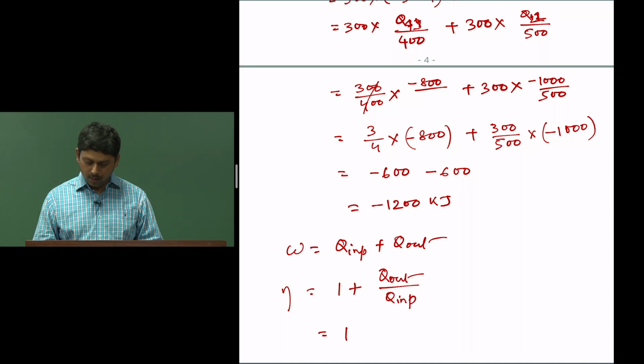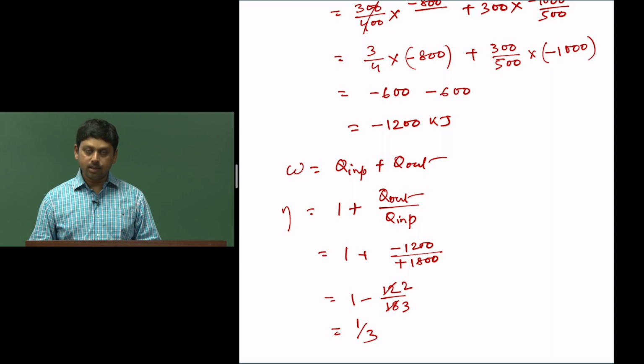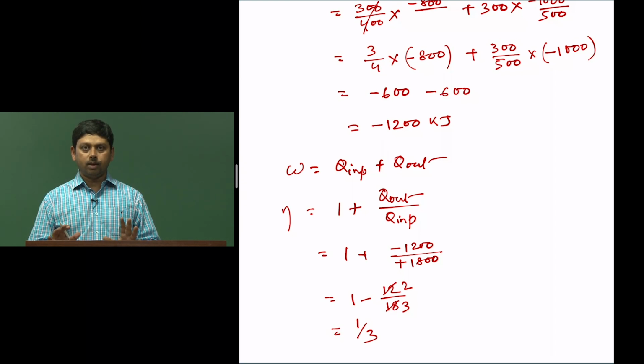So, it will be 1 plus minus 1200 divided by plus 1800, which is 1 minus 12 by 18, which is 1 by 3. That is the efficiency of this whole particular engine.